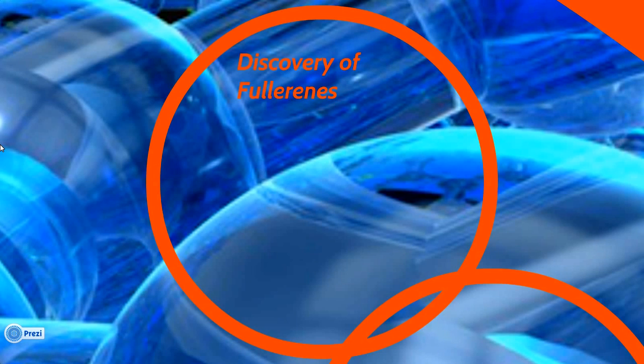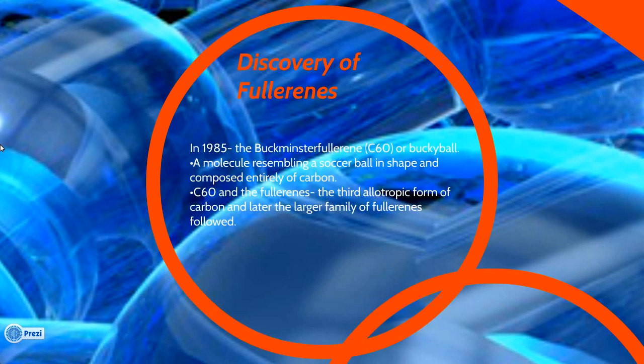Discovery of fullerenes was named after Buckminster Fuller. It is a hollow spherical, ellipsoid or tube of carbon, which is similar to graphite, but it has pentagonal rings, which prevent it from becoming planar and give it different shapes.